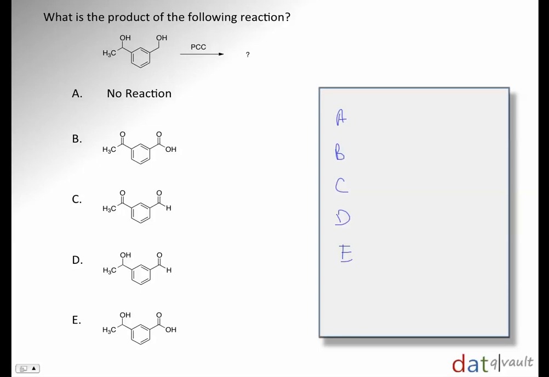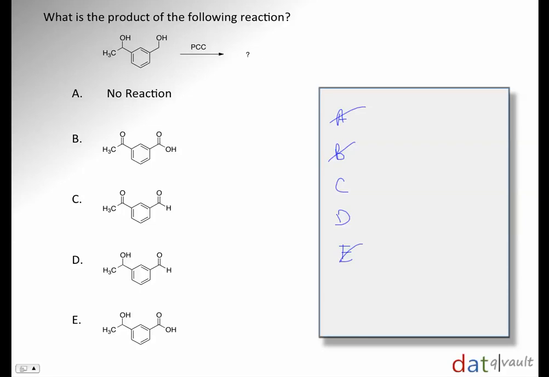and options B and E we can eliminate right away because it's showing them being oxidized all the way to the corresponding carboxylic acid. We know this reaction actually goes because PCC is an oxidizing reagent, and it will oxidize both primary and secondary alcohols, so we can also eliminate A, which states that no reaction will actually occur.